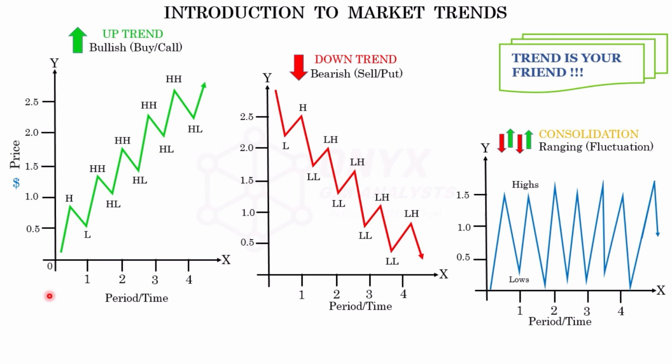Now, in the market, we have what we call an uptrend, which is also called the bullish trend. In this bullish trend, what we focus on is to buy. I am going to explain shortly what I mean by that.